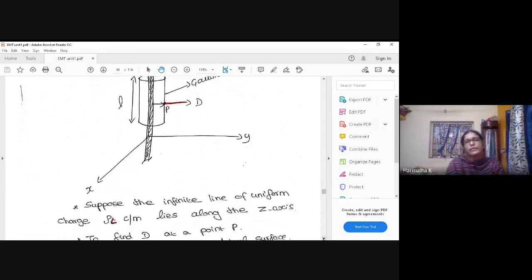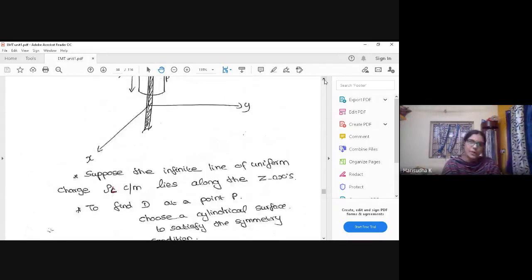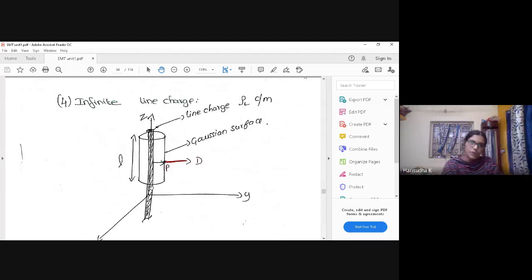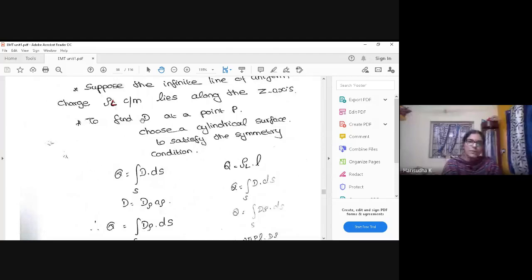Suppose the infinite line of uniform charge rho L, with unit coulomb per meter, lies along the z axis. As you see in the diagram itself, you can understand my infinite line is lying along the z axis. To find the electric flux density D at a point P, choose a cylindrical surface to satisfy the symmetry condition.